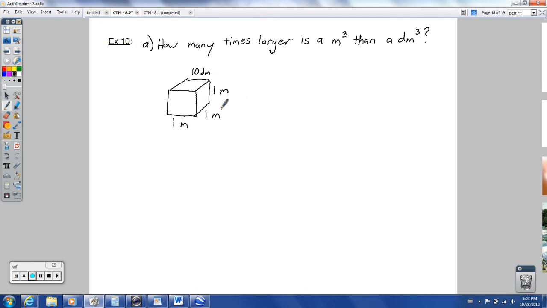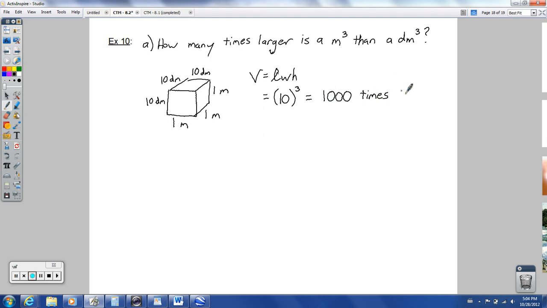But that doesn't mean it's 10 times larger. Remember, we have to multiply 10 by 10 by 10. So what is the actual answer going to be? We have volume is length times width times height, and this is 1 by 1 by 1, which would be 1 meter cubed, but 10 by 10 by 10 would be the same thing as 10 cubed, so I could just write it like that. 10 by 10 by 10 is 1,000 times bigger, so 1,000 times larger.